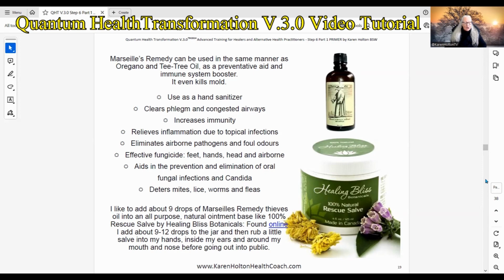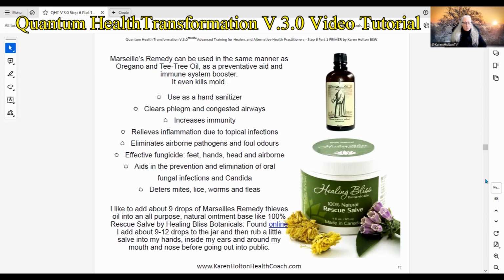It eliminates airborne pathogens and foul odors. It's an effective fungicide for feet, hands, head, and also you can use it airborne. It aids in the prevention and elimination of oral fungal infections and candida yeast. It deters mice, lice, worms, and fleas.